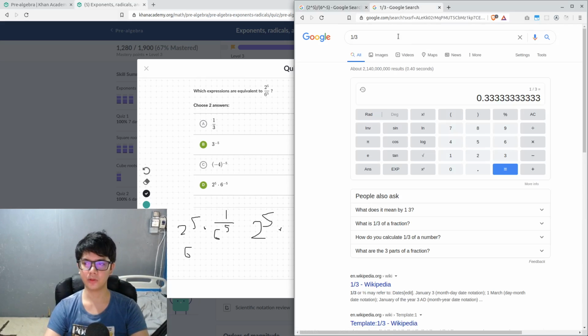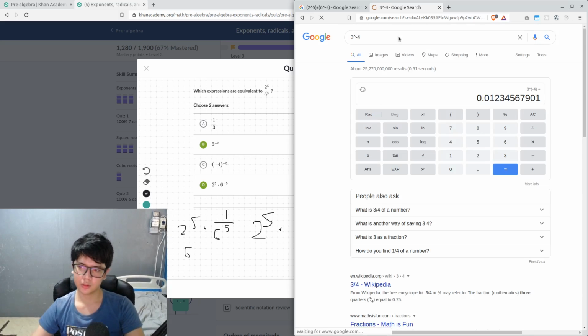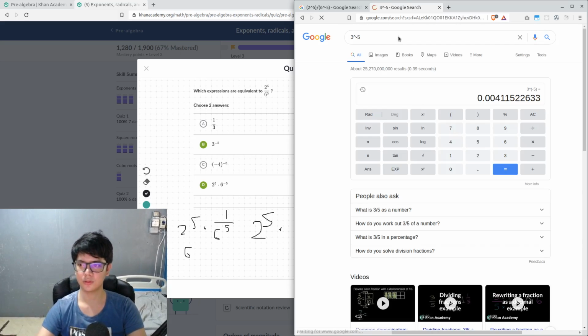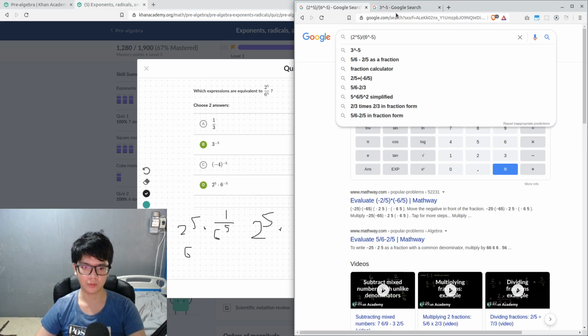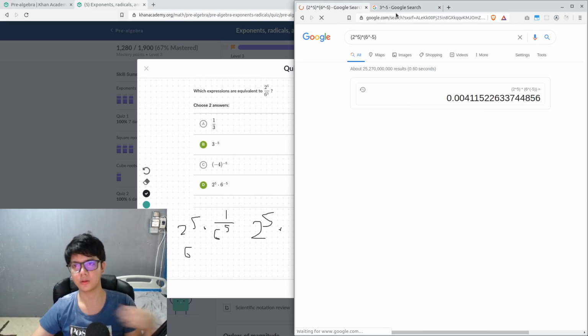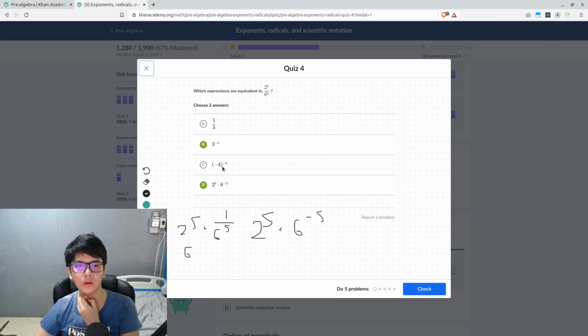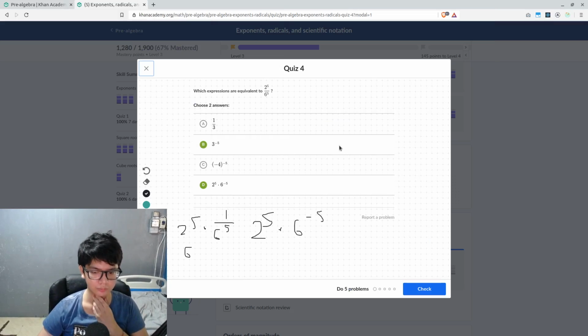What? 1/3? 2 raised to 5. Huh. This will be correct, but how is this actually equivalent to this?